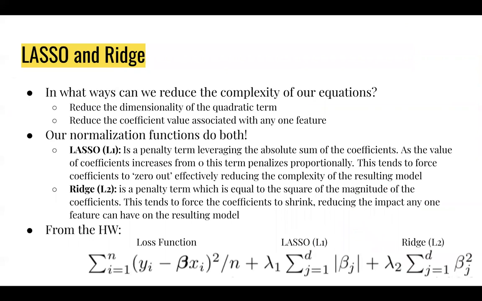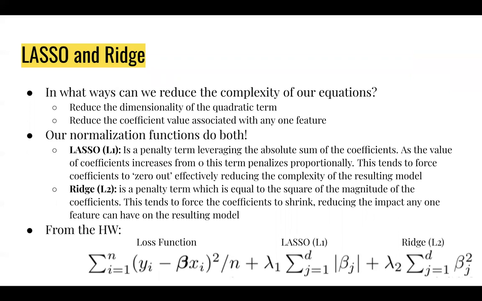But now let's talk about how we can reduce the complexity. If you think about your model, to use the example of an SVM where you're looking at something like a quadratic hyperplane, what are the ways in which our models can become complex? Generally speaking, there's two ways. The first way is an overly complex polynomial.